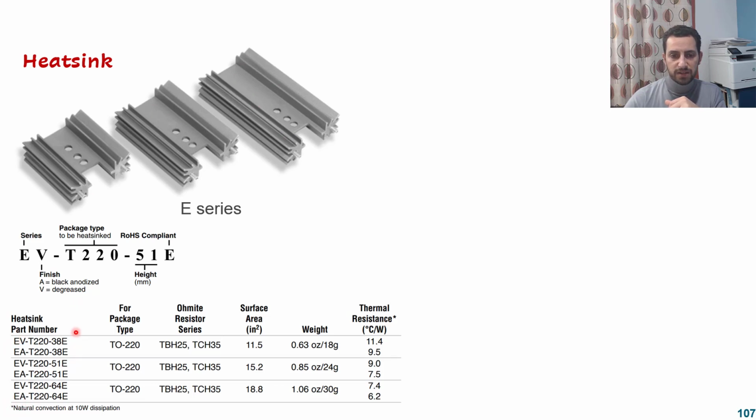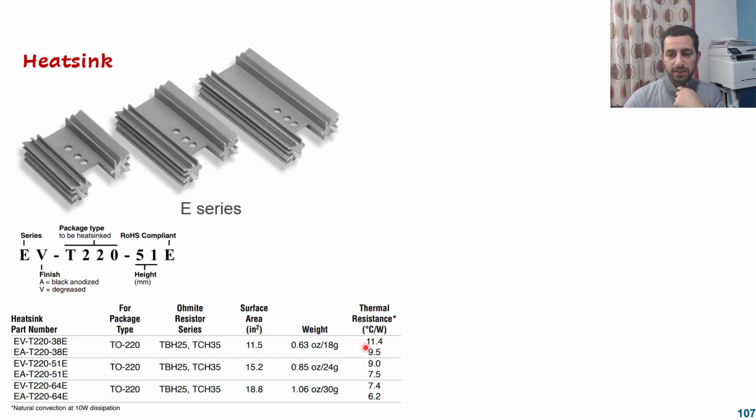So the first one is different from the second, and the third series is by the size, height. And the V and A, we have T, we have V and A. It means the surface finish, and if it's grease or not grease or other things. But forget this. We are focusing now on the thermal resistance.